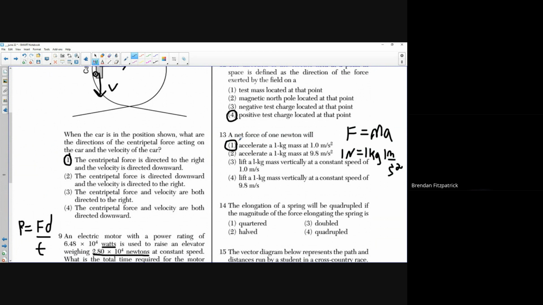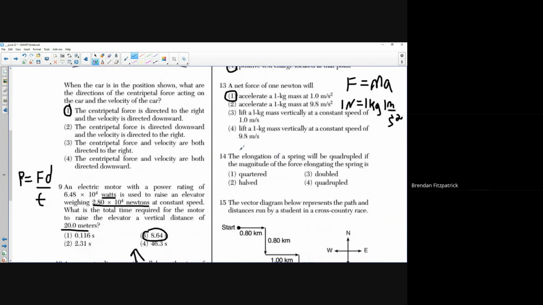The units do work out so that 1 Newton makes 1 kilogram accelerate at 1 meter per second squared. 13 is choice 1. 14, the elongation of a spring will be quadrupled if the magnitude of the force on that spring is also quadrupled, because the force of a spring is equal to k times x. So we have a direct relationship there.